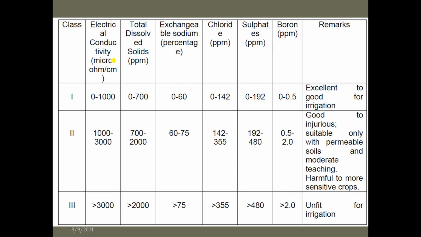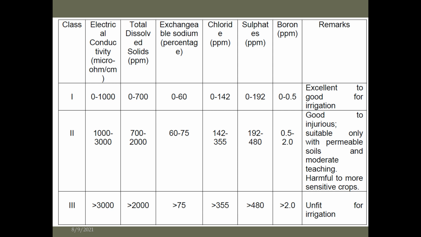Class one represents excellent water for irrigation purposes. If it comes down to two and three, then it becomes slightly problematic. So if we have water of class 2 and 3, we cannot provide the water directly to the crops. We must give that water some treatment.